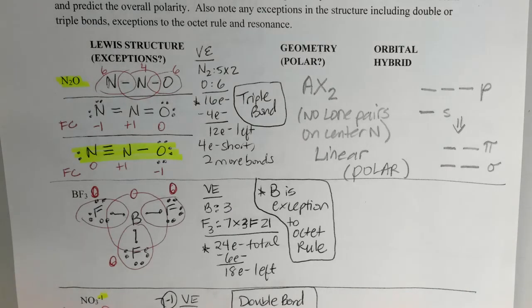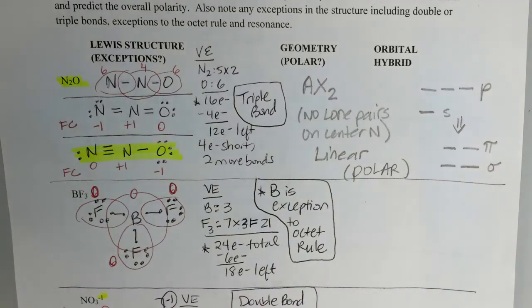So the 2 s's go together. So if you have just single bonds, it's going to be a sigma bond. And then the pi is when you're adding to that single to make either a double or a triple. If it's a double bond, it has a sigma and a pi site. If it's a triple bond, it would have a sigma and 2 pi bonding sites.